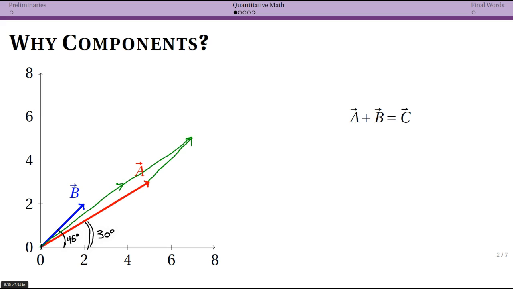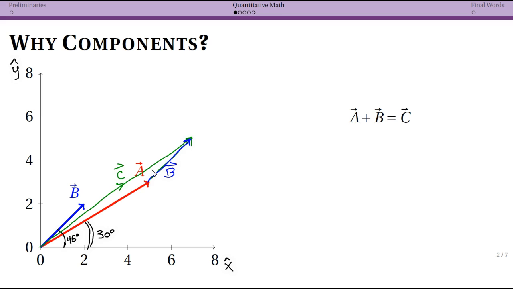And I haven't done a great job drawing it, but that's roughly C. The reason for that was because this vector here was in fact B. So let me make that blue. So that's how we do it graphically. And it looks like maybe it's something like 7 on the x-axis and 5 on the y-axis. Oh, sorry, my axes are missing directions. I'm sorry about that.